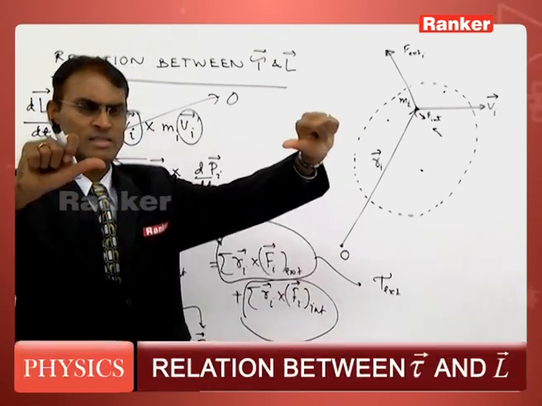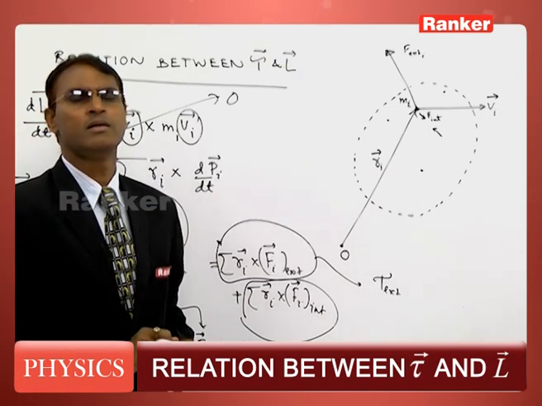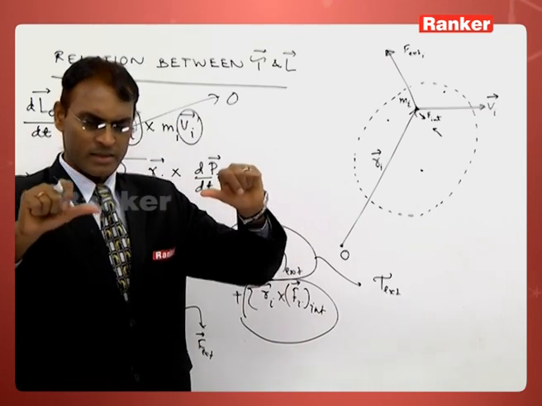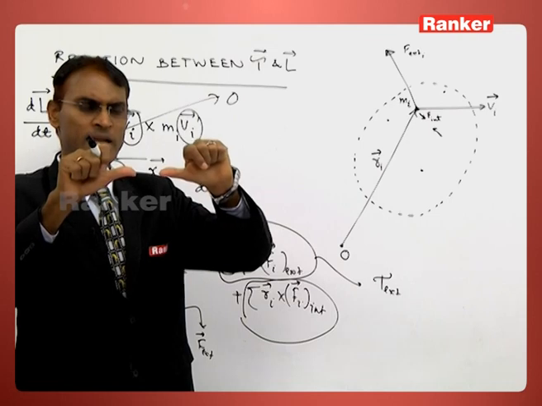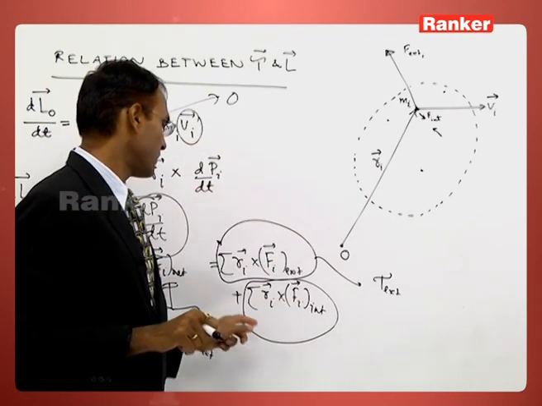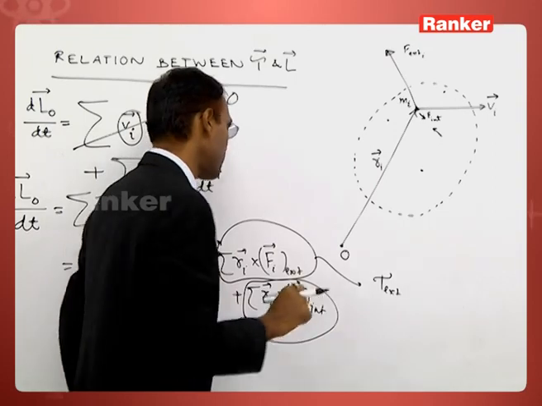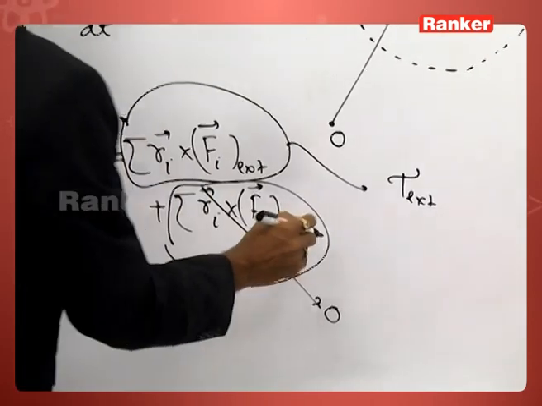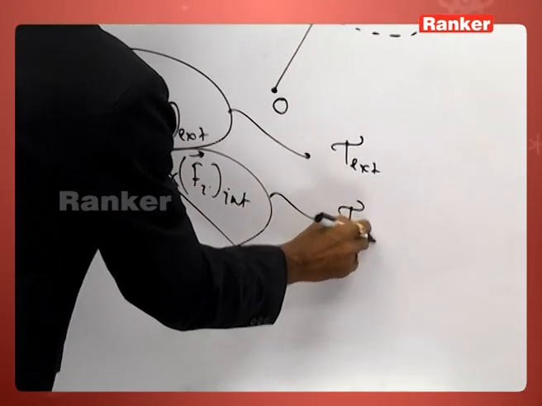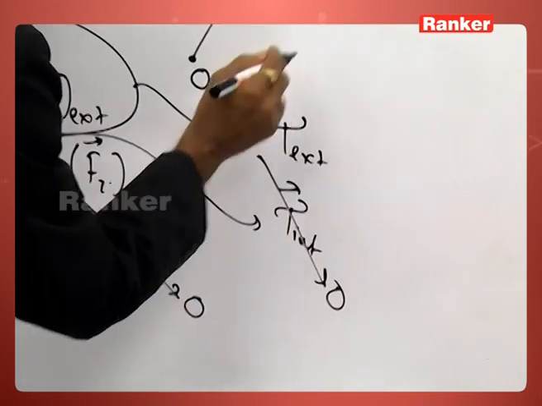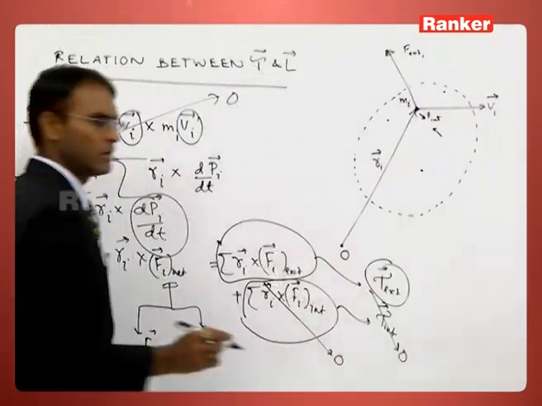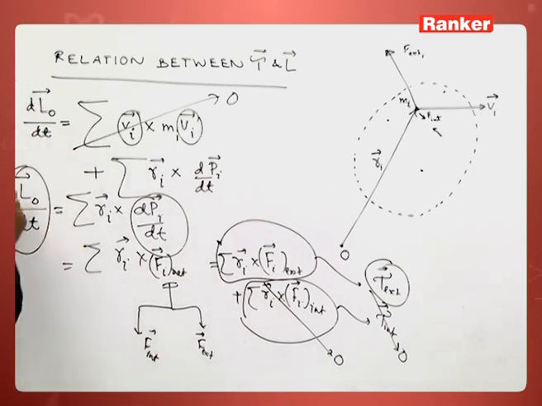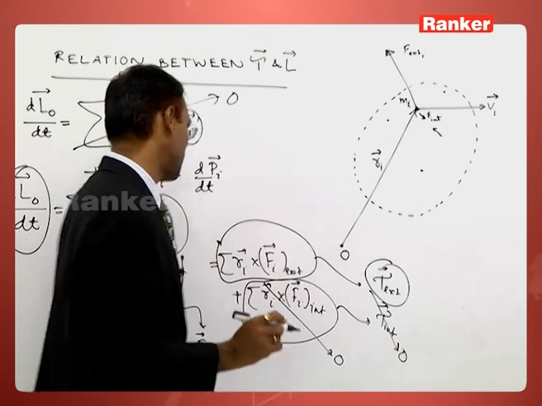Since the internal forces always appear as action reaction pairs, they are equal in magnitude, oppositely directed and collinear. Therefore, they cannot produce a torque as a whole about any point. That thing we have already discussed. Therefore, this factor is 0. This is called internal torque. And we have proved that the internal torque is equal to 0 and the external torque will be responsible for changing the angular momentum of the system about this point.